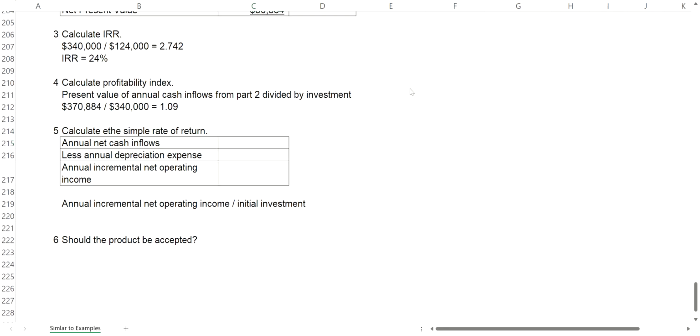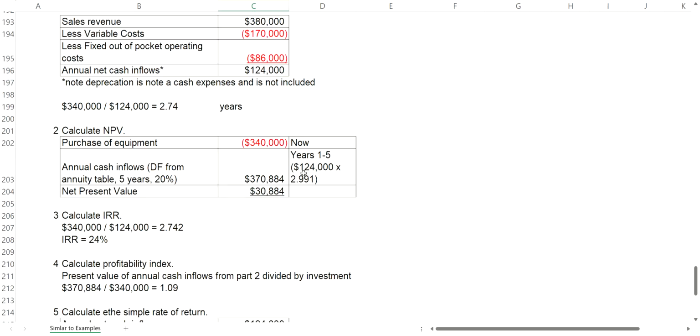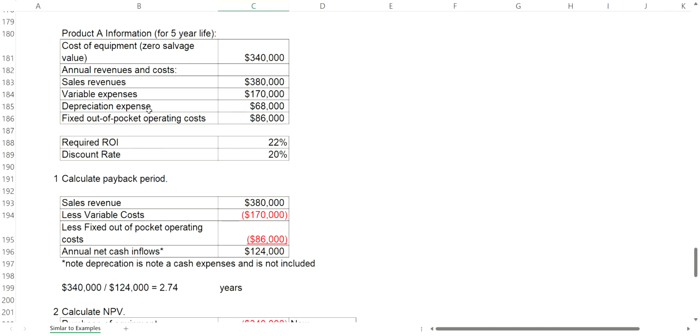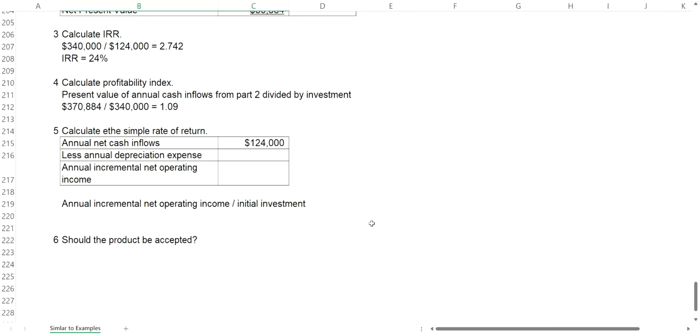Okay, part 5, calculate the simple rate of return. As we calculated in part 1, the annual net cash inflows are $124,000. We were given that the depreciation per year right here is $68,000, so we didn't even have to calculate it in this case. Therefore, our annual incremental net operating income is $56,000.